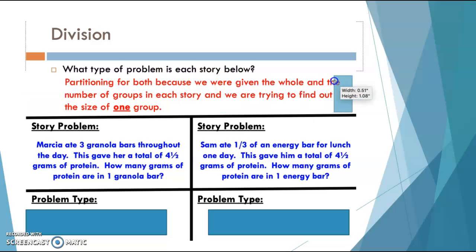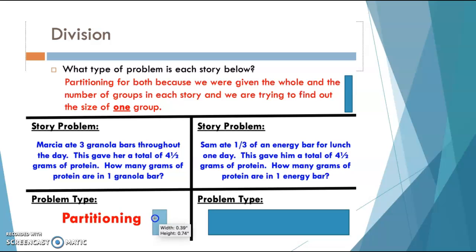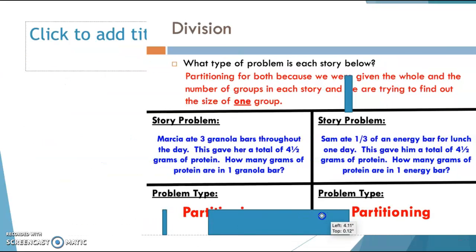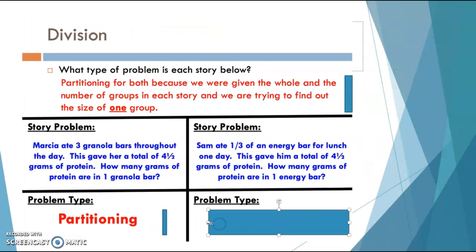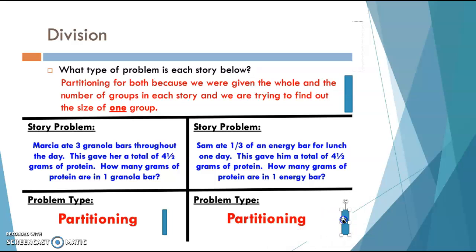For both of these are partitioning because we're given the whole and the number of groups in each story, and we're trying to figure out the size of one group. So again, if we lift back the veils, both are partitioning. The type of problem.